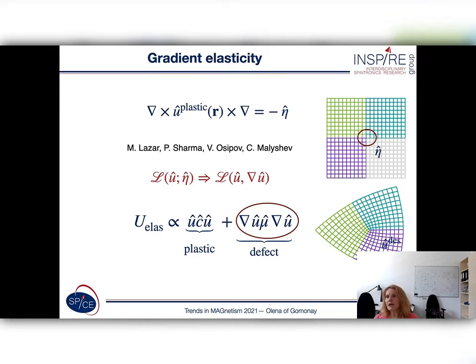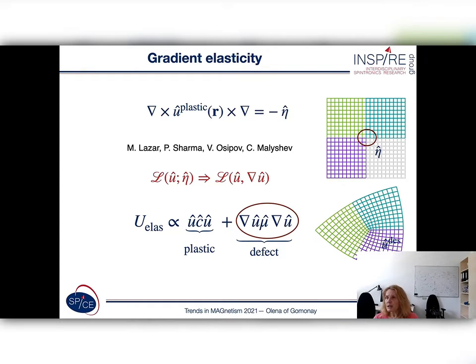If, for example, we cut a piece of a material as shown in the top left picture, and then try to restore continuity of the sample, then the strains which unavoidably appear due to this process are called plastic strains, and they could be calculated from Poisson-like equations, where incompatibility plays the role of a source.